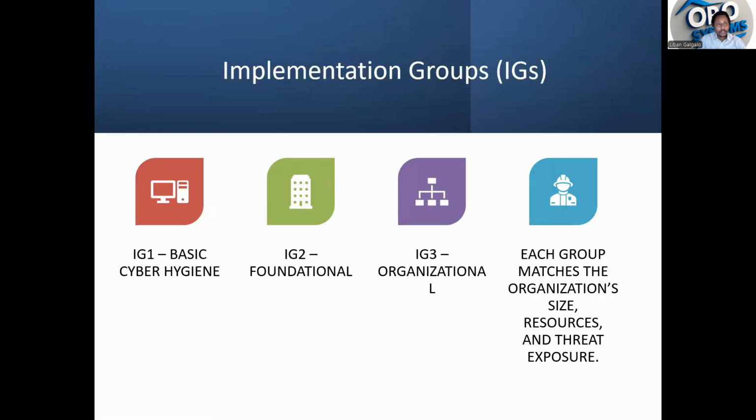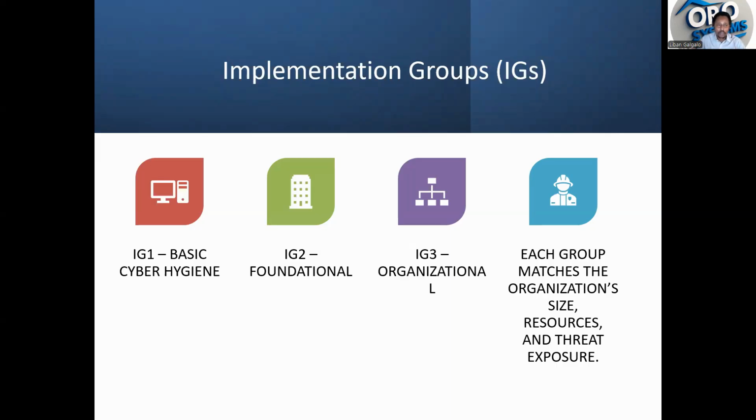So what are the implementation groups, or how is CIS actually implemented? There are three different types of CIS control. The first one is IG1, which is very basic. The second one is IG2, which is more moderate, kind of the middle, foundational.